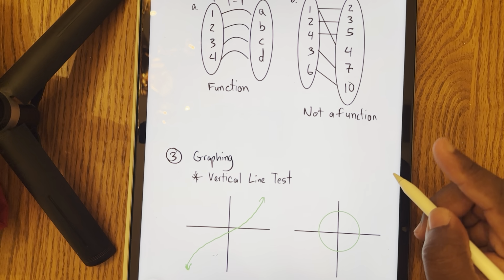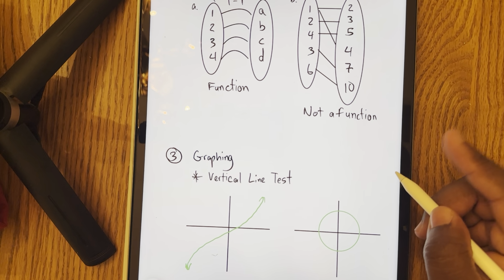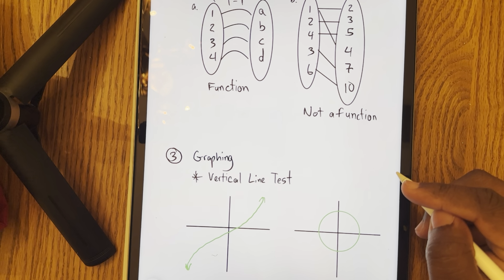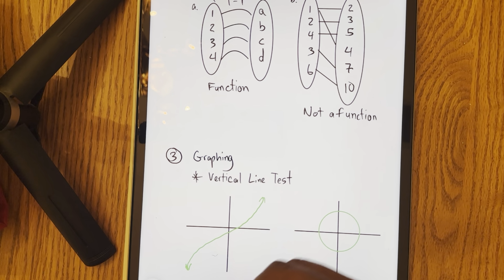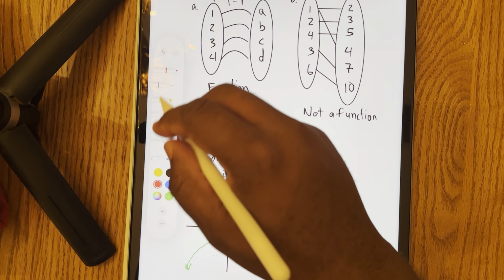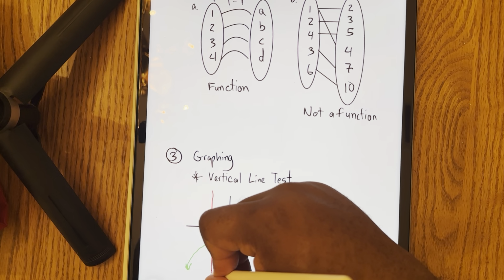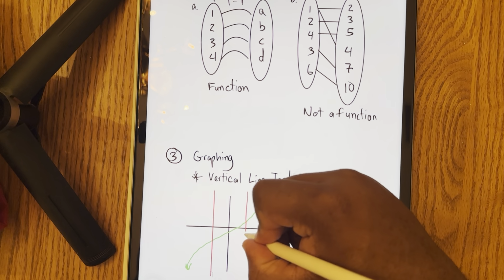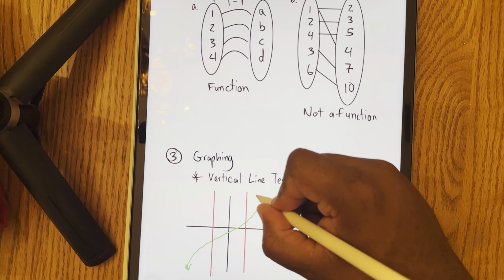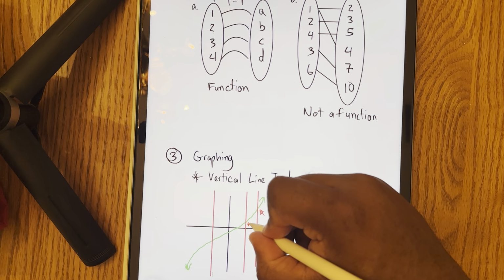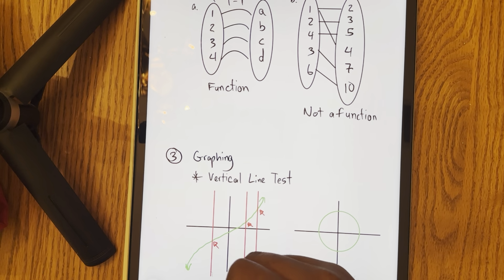If it touches at two distinct points, then that determines that your given graph is not a function. Let's look at this as an example. For my vertical line test, I would draw a vertical line anywhere along this graph, and you can already tell that it only touches the graph at one unique point. So this we can confidently say is a function.